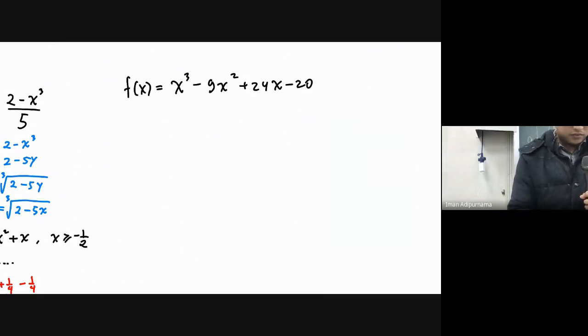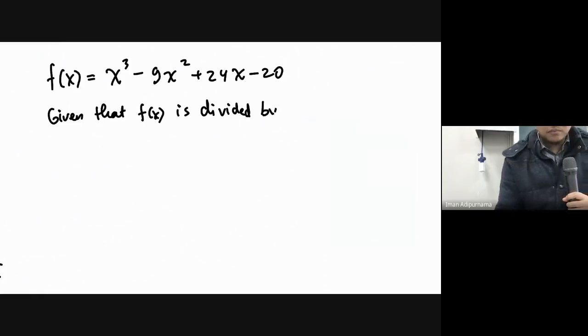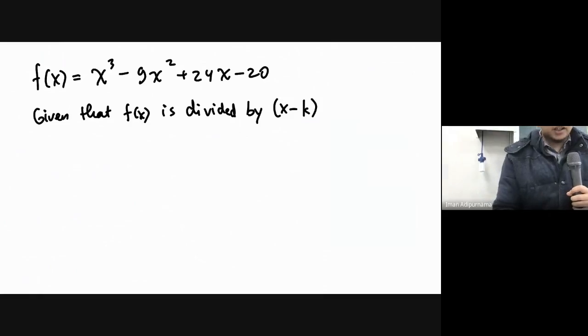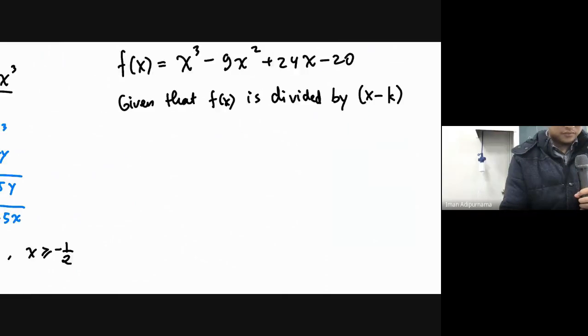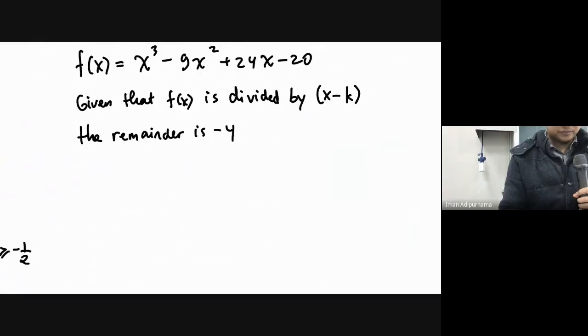Given that f(x) is divided by x minus k, the remainder is negative 4.